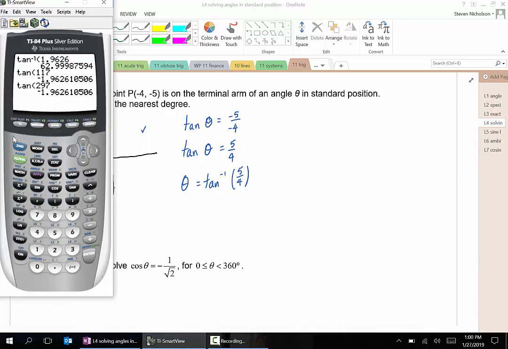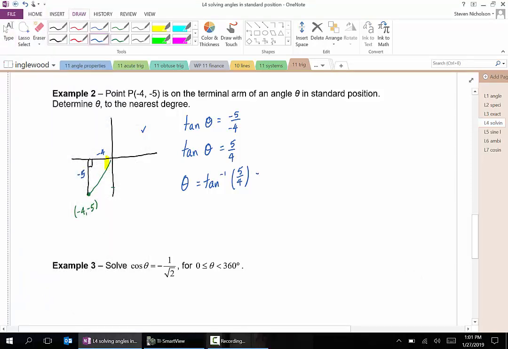So in this one, let's go ahead and do it. And we're going to have the second tangent, that's the one to find an angle, 5 divided by 4, and always get in the habit of closing the bracket. And here's what we get, 51.3. So our angle is 51.3, but obviously that would be in the first quadrant. But remember what that represents.